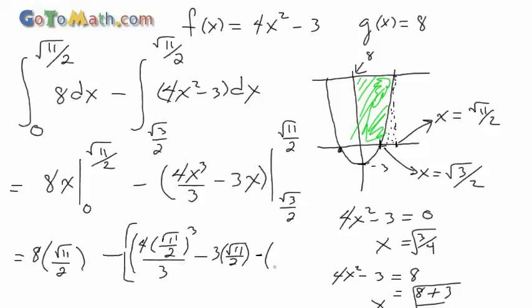It's upper minus lower, and now we have 4 times the square root of 3 over 2, and that is cubed. Minus 3. I'm running out of room quickly. Sorry about that. Sometimes math is not exactly a pretty thing.